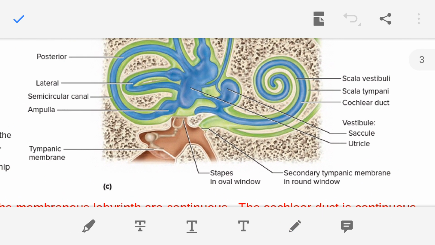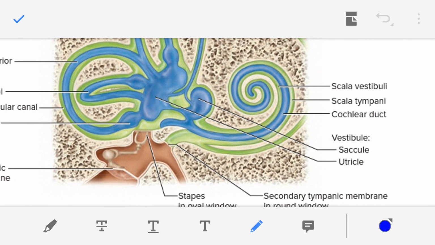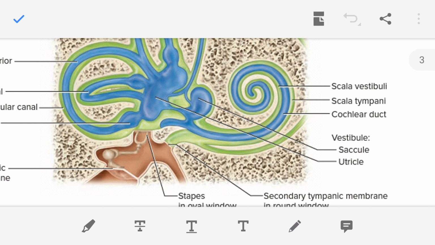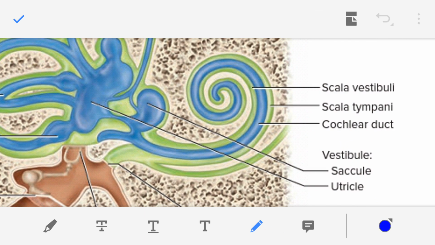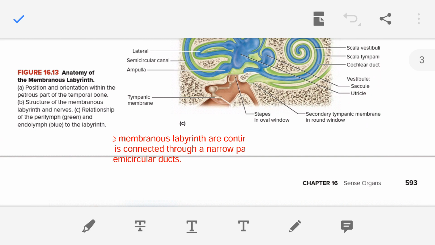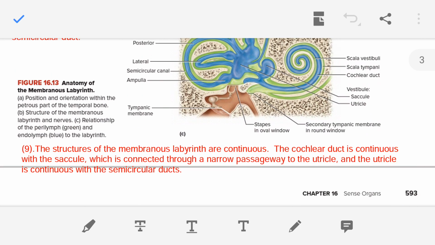So here see the cochlear duct, and this is the saccule. So we can see that this cochlear duct joins with the saccule. So we can say the cochlear duct is continuous with the saccule.